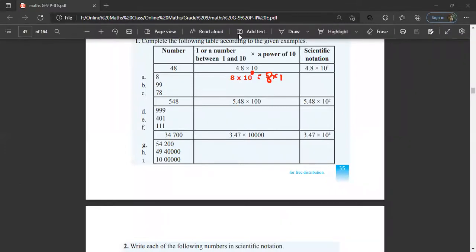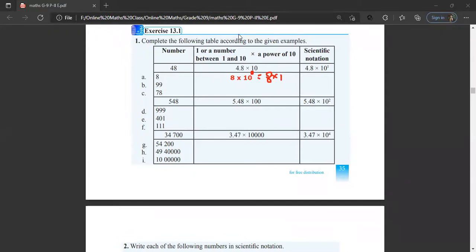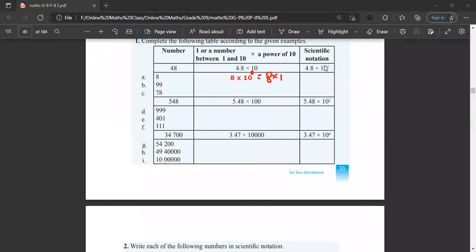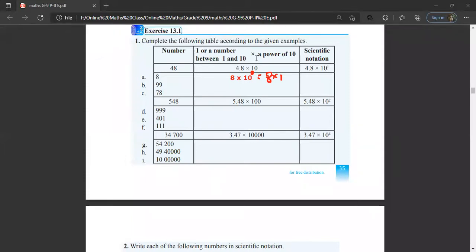Yes, start. 9.9 into 10 to the power 1. Yes. Next one. 7.8 into 10 to the power 1.